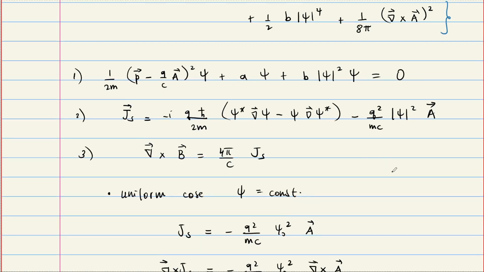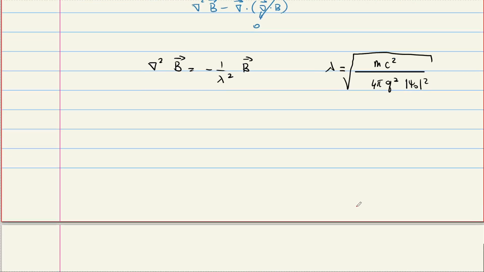Also q here we said is equal to minus 2e, 2 electron charge, and m is equal to 2m electron, but this is not as important as this one because this can be absorbed in the definitions. So this is what we called the London penetration depth. So this is how much the magnetic field can enter inside the superconductor, and because of this equation we said it's going to be exponentially decaying and it will not be able to enter the superconductor.